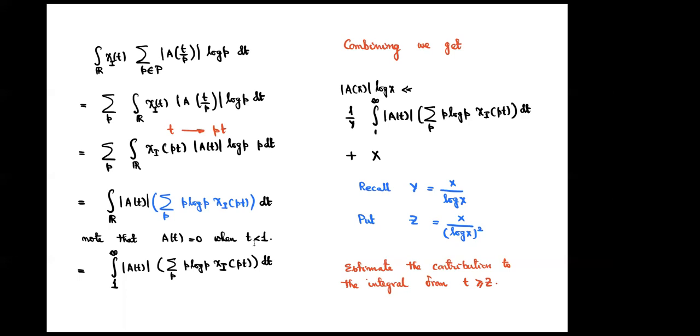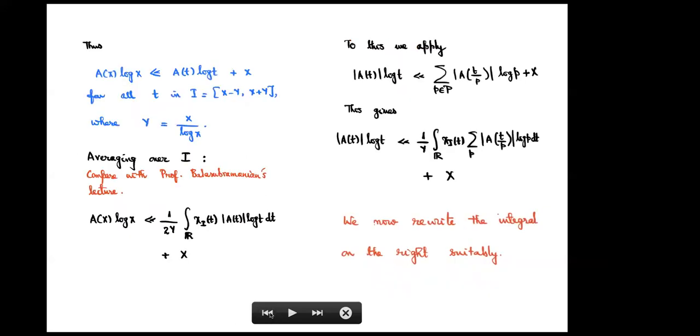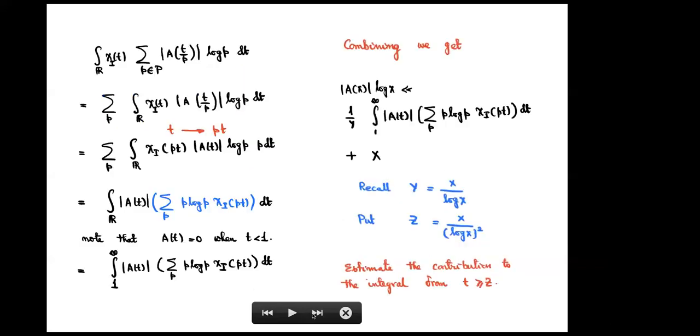Okay? Therefore, if you combine with the original inequality that we had, with the change of variable that we did, we finally end up with mod ax log x is less than 1 by y, integral mod at, this sum dt coming from here, plus x.